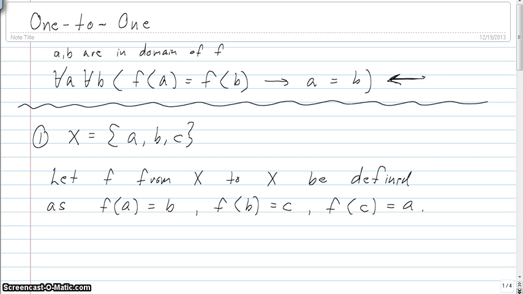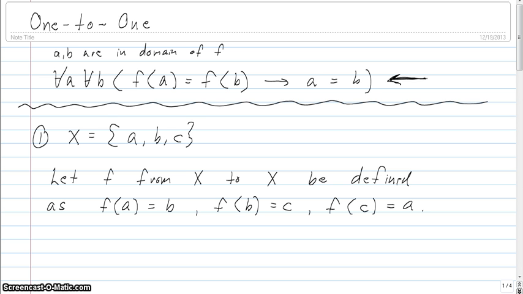In the first couple of examples here, I'm going to work with a little bit more informal definition. Informally, what we learn from the definition of what it means to be one-to-one is that if we have a function that's one-to-one, we cannot have two different x values pointing us to the same y value.